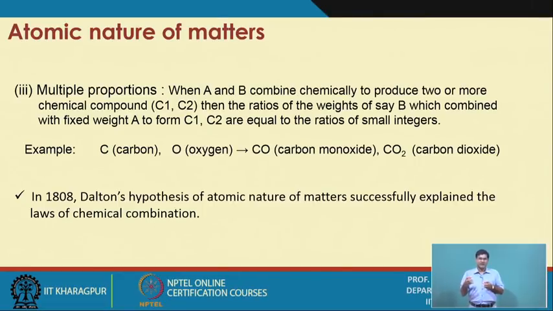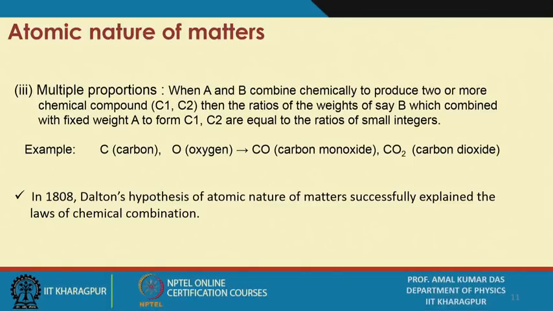So, the weight of B combined with A, the ratio of that weight of B, is basically a small integer ratio. That is called multiple proportion.